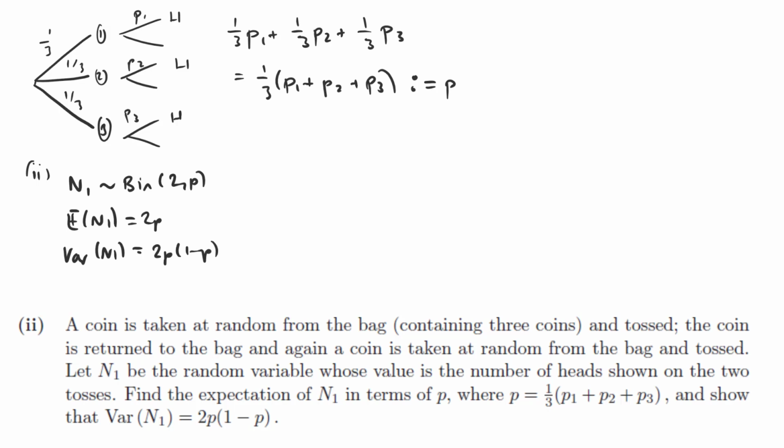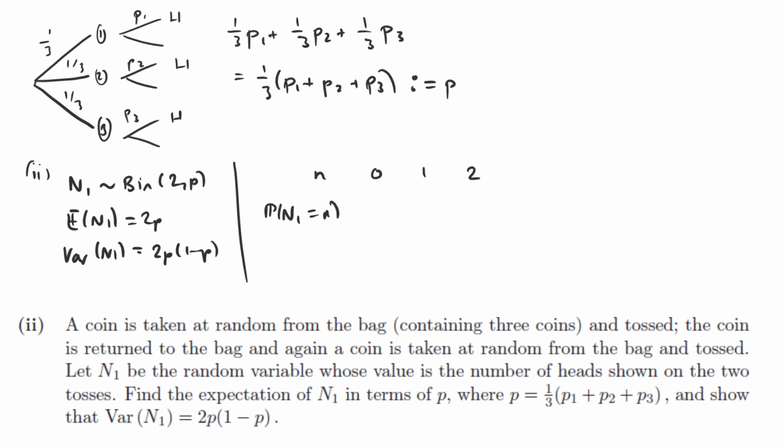But obviously it wants us to show that, so I don't think that's enough for this STEP question. I think they'd like us to treat it like a discrete random variables question and say there are different possible outcomes for N1, and then think about the probability that N1 is equal to n for each of those.